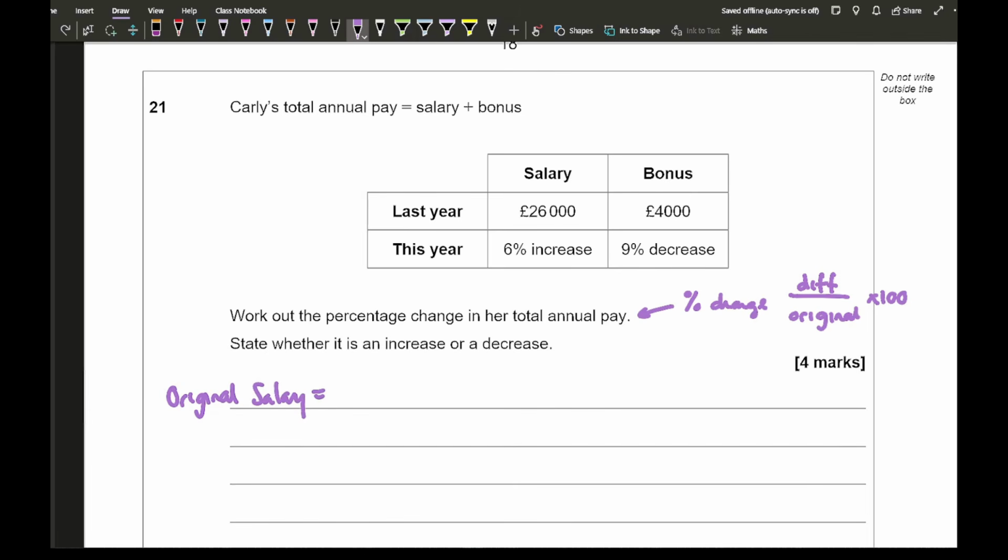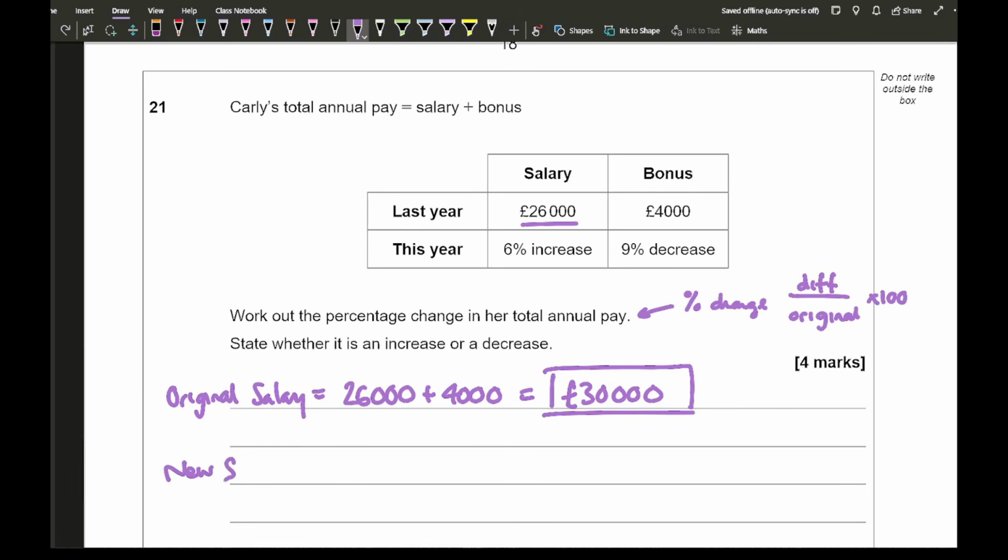So first things first, what we need to do is work out the original salary, which is 26,000 plus 4,000, which is 30,000. Then, let's just put a little box around that. So the new salary, well, for this I need to work it out in sections.